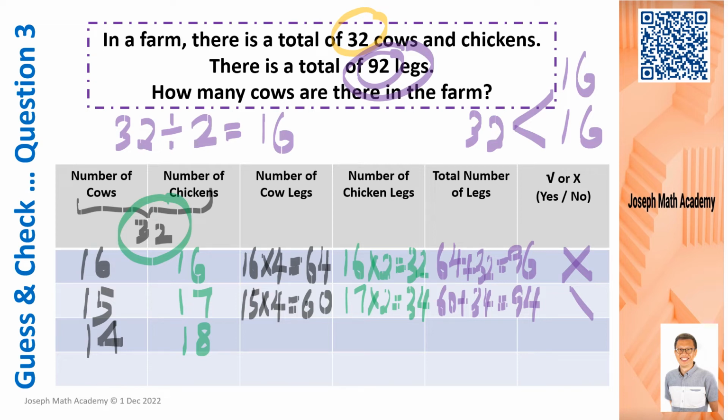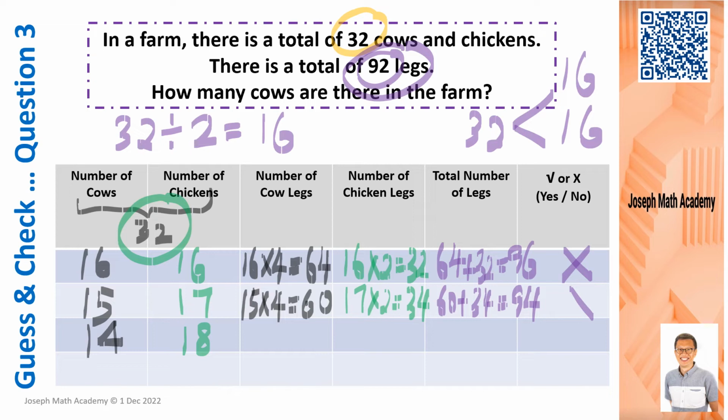What if the total is 100 plus and the total number of legs is 200 plus? Then guess and check will be a tedious process. Now, this question can also be done using a much more effective heuristics strategy.